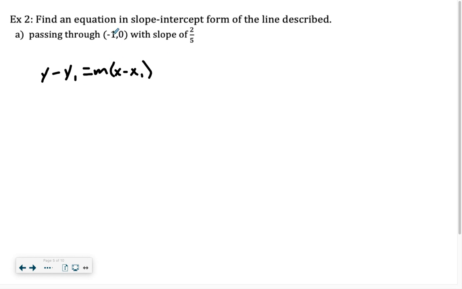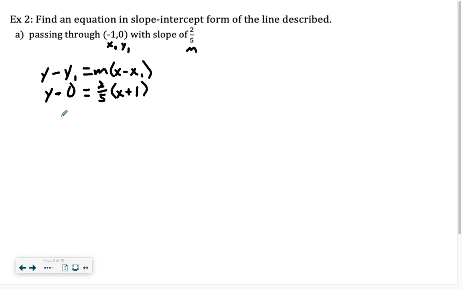My point is going to be x1, y1, and then obviously my slope is m. So I'm going to plug those 3 values in here. I'm going to say y minus 0, my y is 0 here, equals 2/5 times x minus -1. Since it's minus -1, that would really be plus 1.